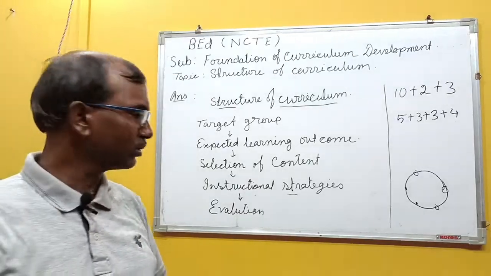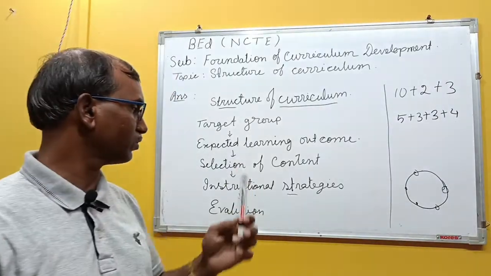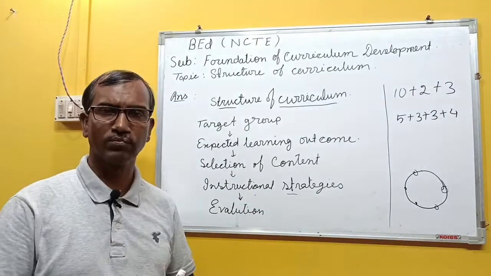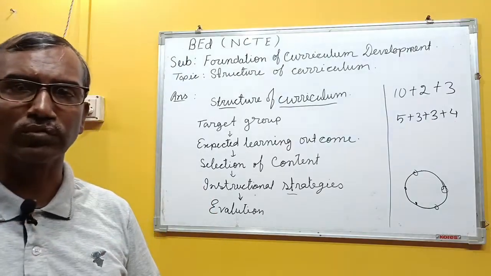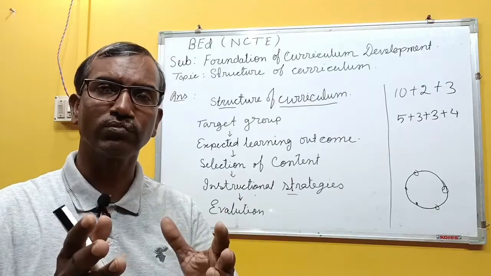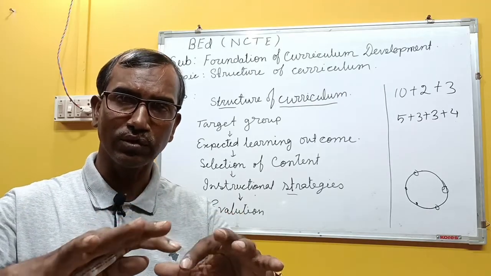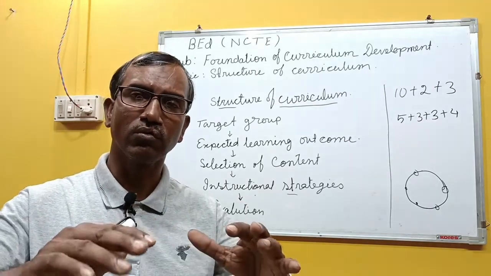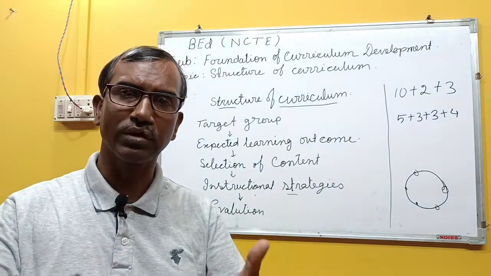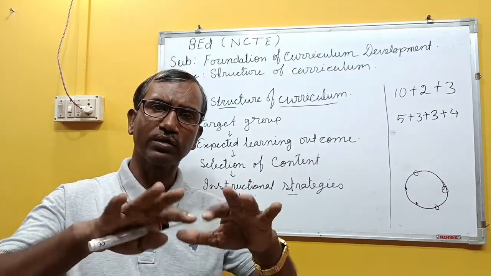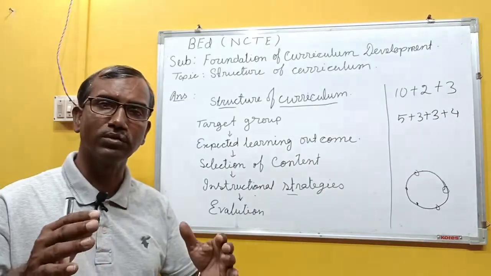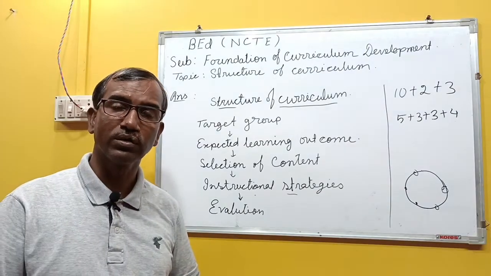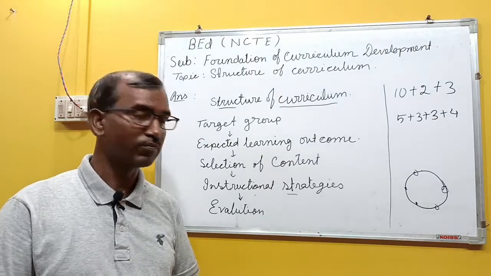Instructional strategy is similar to method, that means how we will teach. For example, the concept of democracy, the different forms of government, and other related concepts are included in the civics part of class 9.